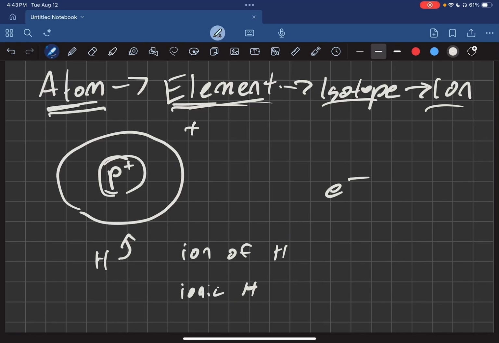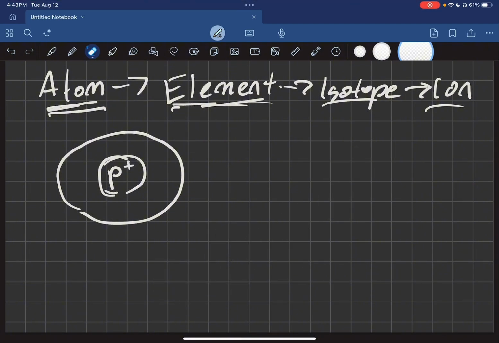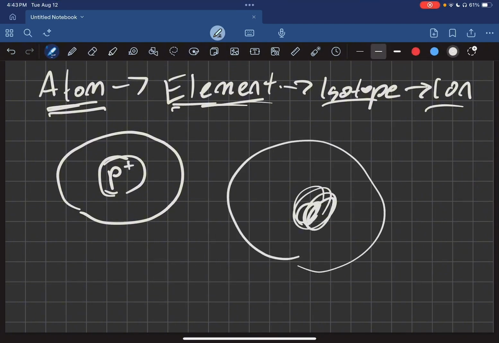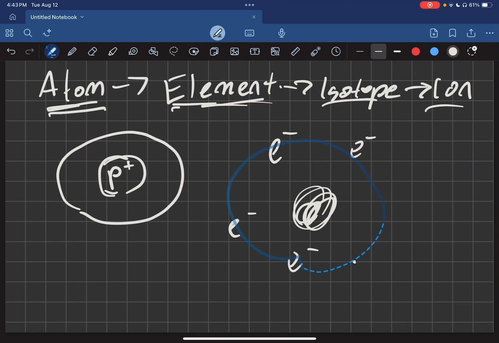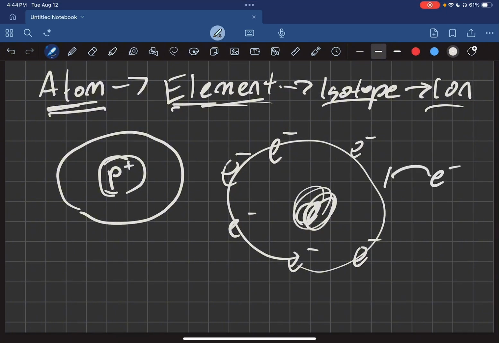Sometimes you'll have an element, hydrogen doesn't do this, but other ones do, where let's just draw this nucleus, and it likes having, let's say it has 7, and this makes it neutral. Sometimes an extra one might plop in because maybe it's floating around, or maybe something didn't really want it, so it gave it away. And now this is going to be negative. This will also be an ion.